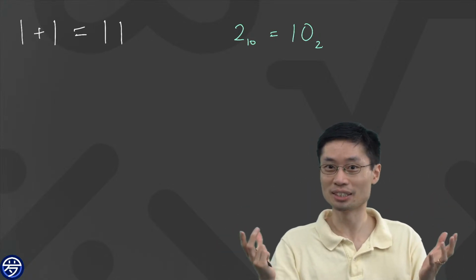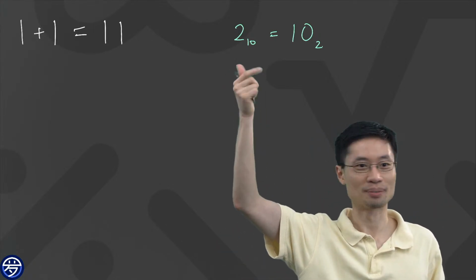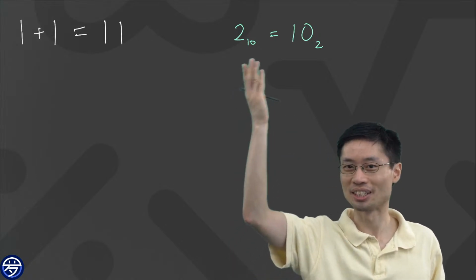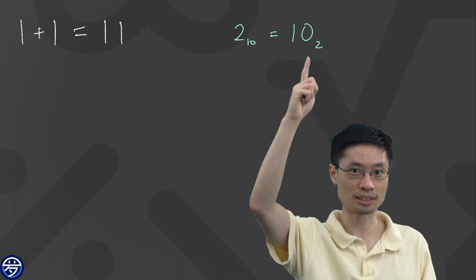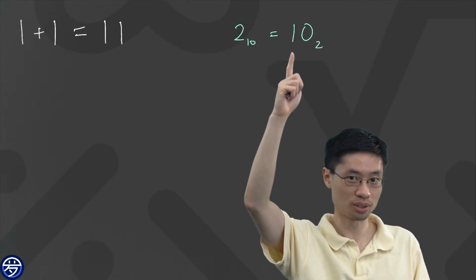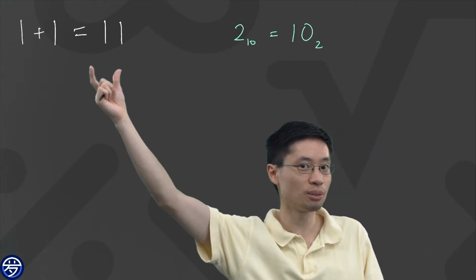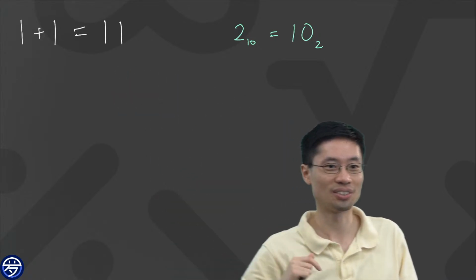Mind blown. I actually didn't know that you could just flip them. This is the first time I ever saw something like this. But anyway, this is what base 2 means. It's like this is how many 1s there are, this is how many 2s there are. And unfortunately, base 2 won't work. In base 2, this is 3.